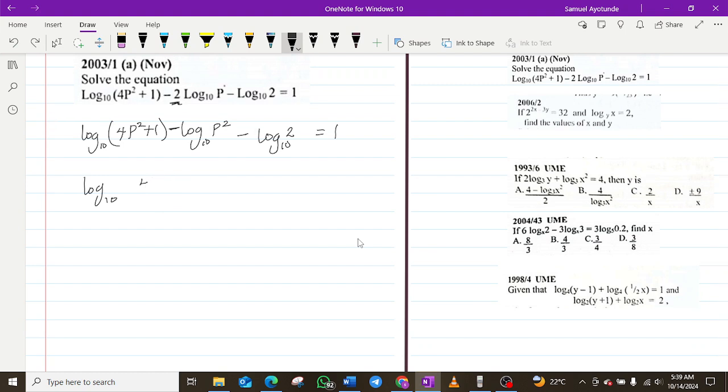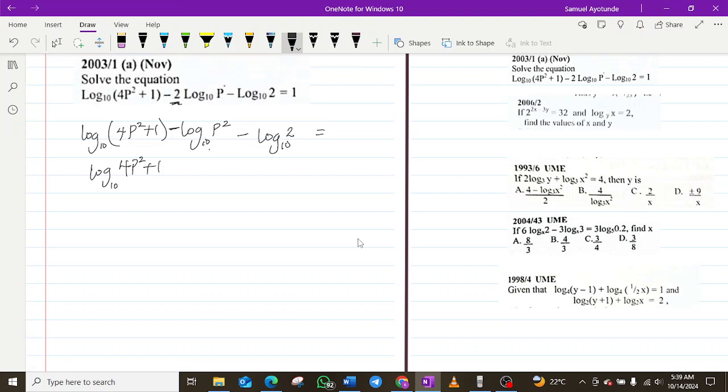Very important. So I will write what I have here first. Log 4p squared plus 1 base 10. I will simplify log p squared base 10 minus log 2 base 10. I will simplify that first.